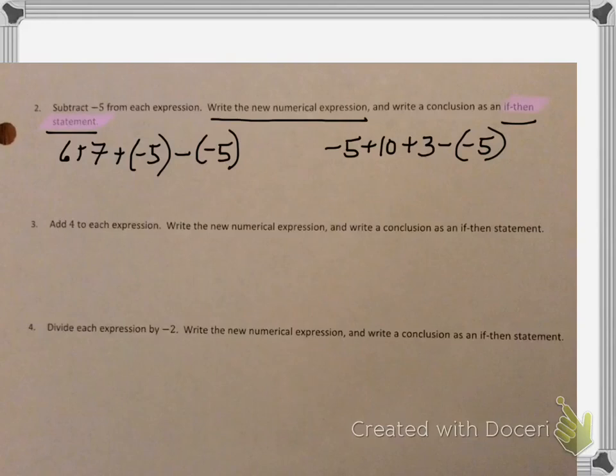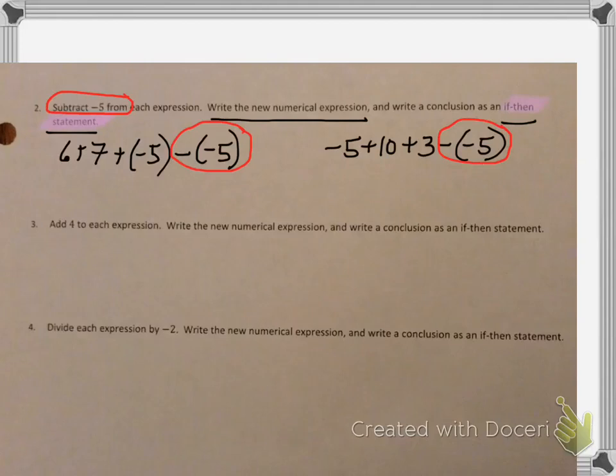Okay, so I've written here the new numerical expression for both of these, and hopefully you didn't forget one very important fact, and that was that this was asking you to subtract a negative 5. Subtract a negative 5, and that appears right here. Okay, hopefully I'm anticipating that some of you may have just written minus 5.